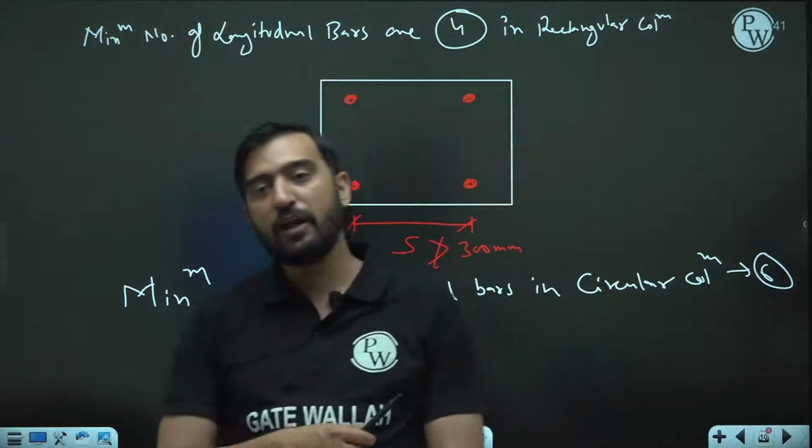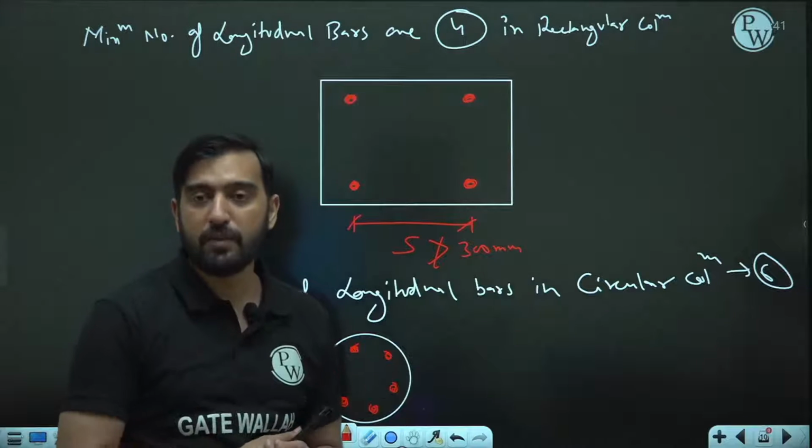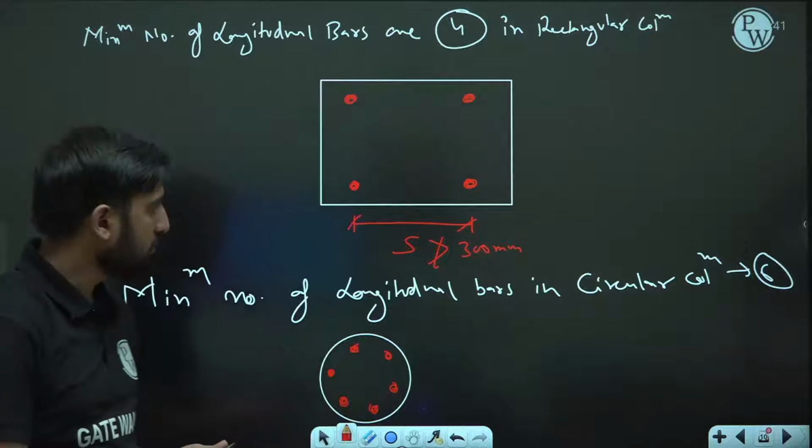Now next it comes that what should be the minimum diameter of the bar.